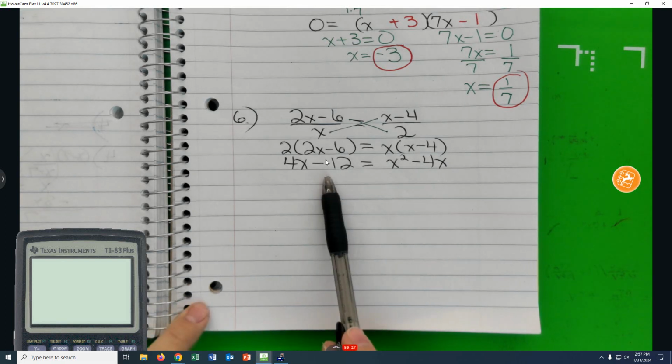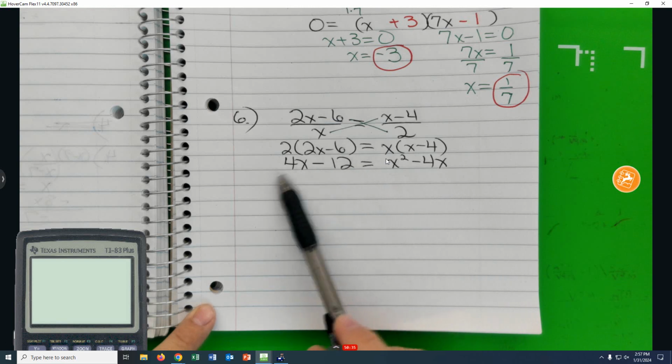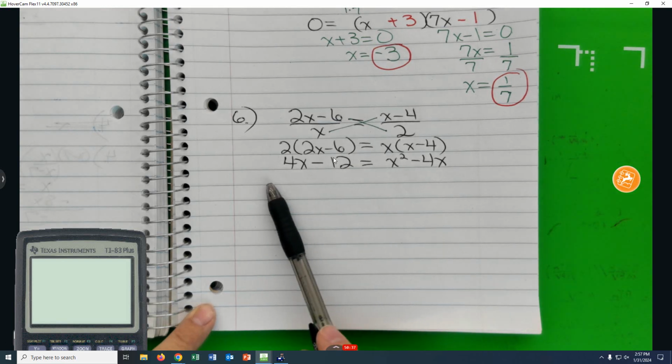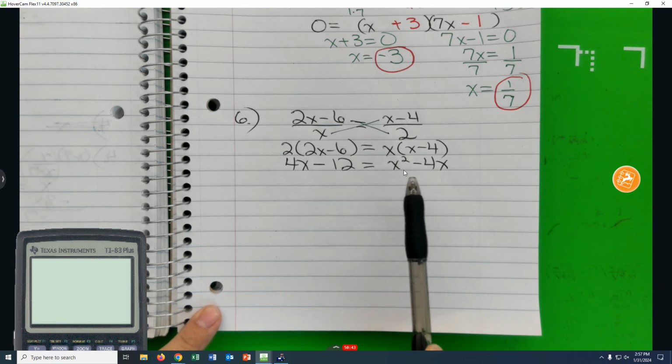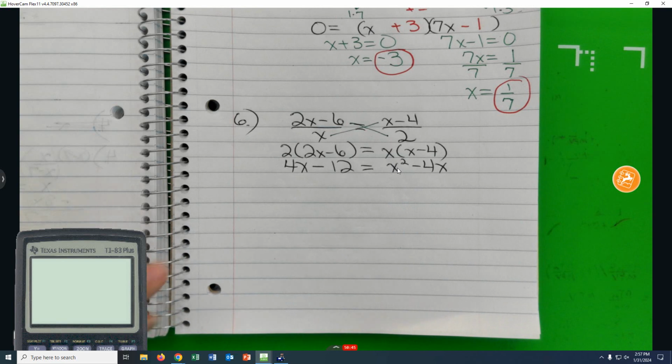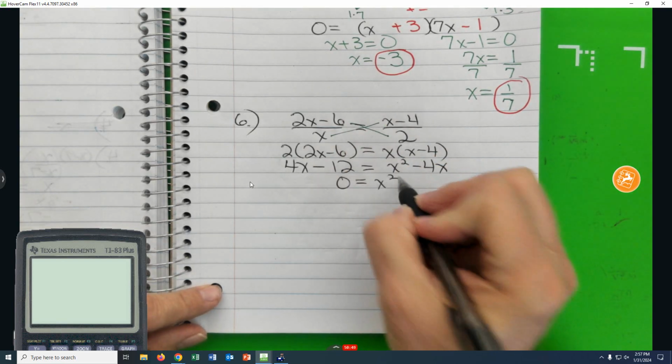I'm going to get it on the left side, because if I take this x squared and move it over, instead of that positive 1x squared, I'm going to have a negative 1x squared. I want the leading coefficient, the number in front of the square term, to be positive. So I have 0 equals x squared.